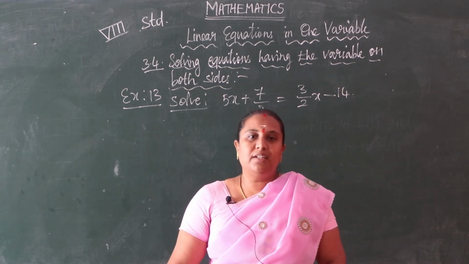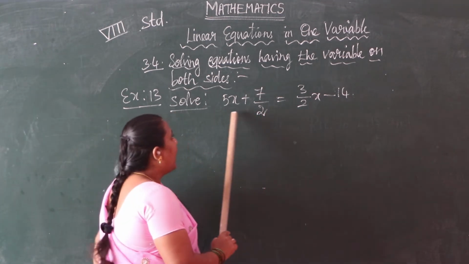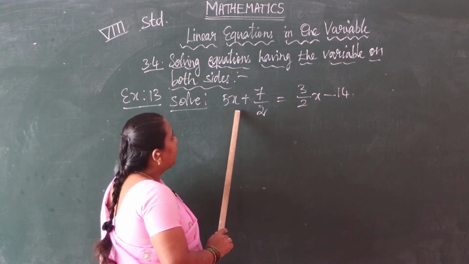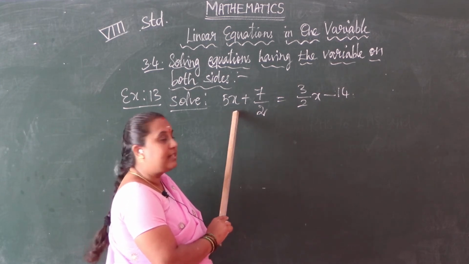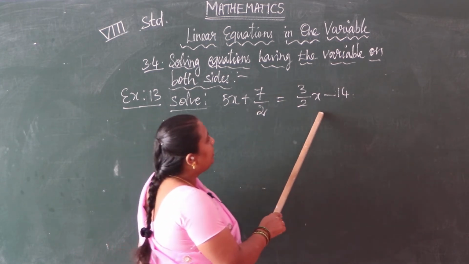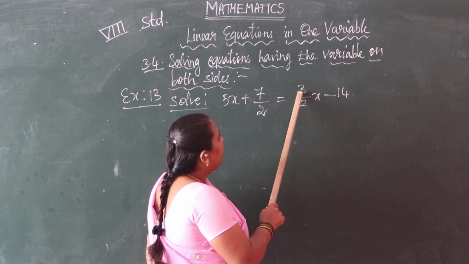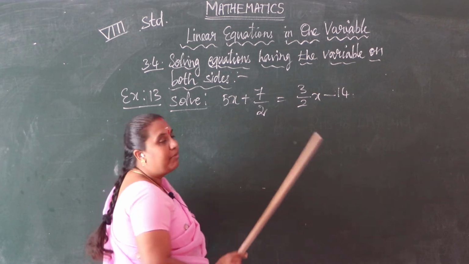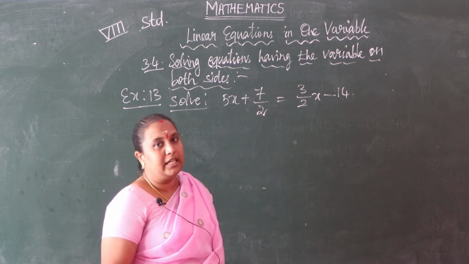See this equation, here also we have a variable on both sides. 5x is a variable, and in RHS also we have a variable, 3 by 2 into x. So we have a variable on both sides of the given equation.